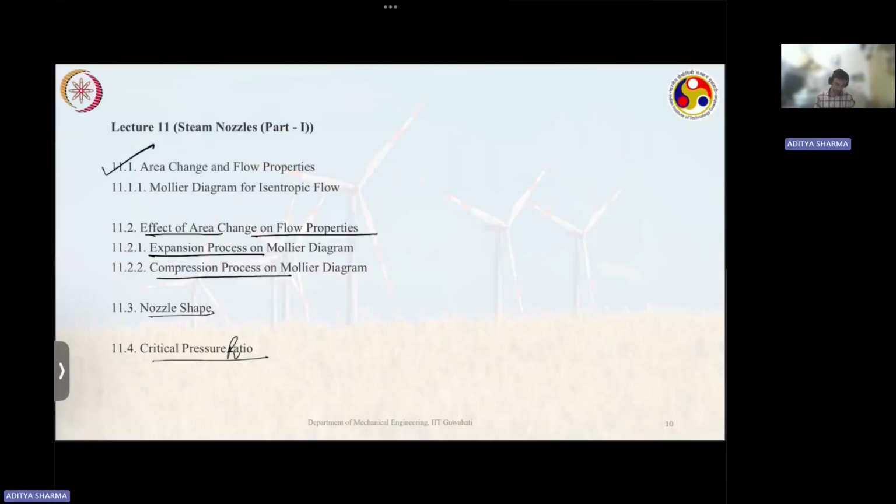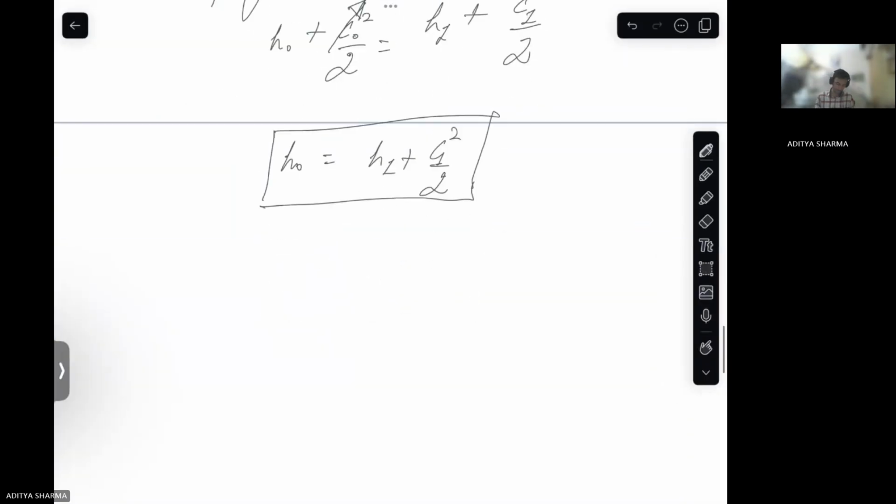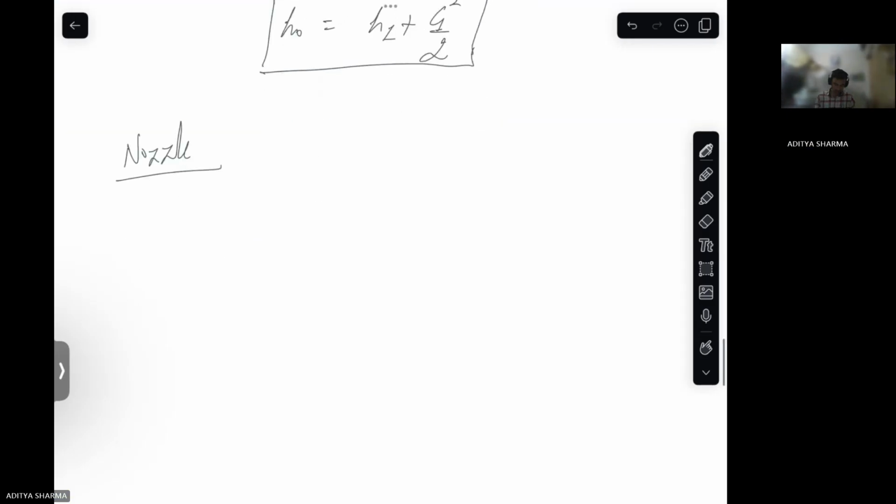After that, expansion and compression I have discussed. Then is your nozzle shape. I'll draw a CD nozzle.